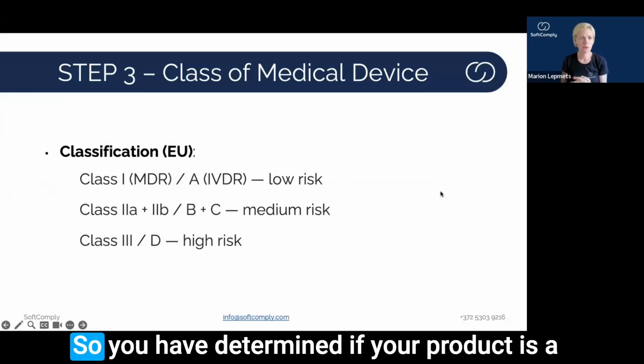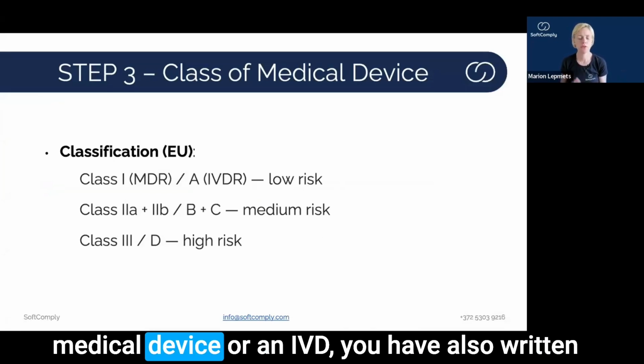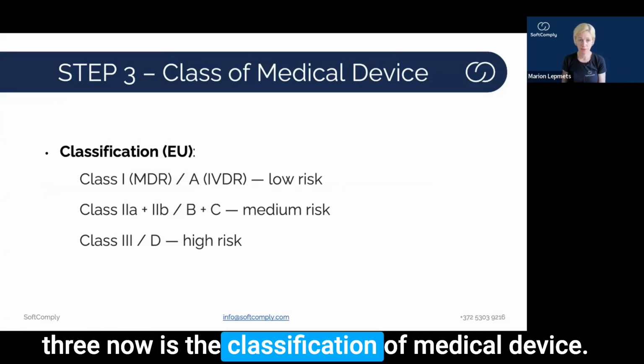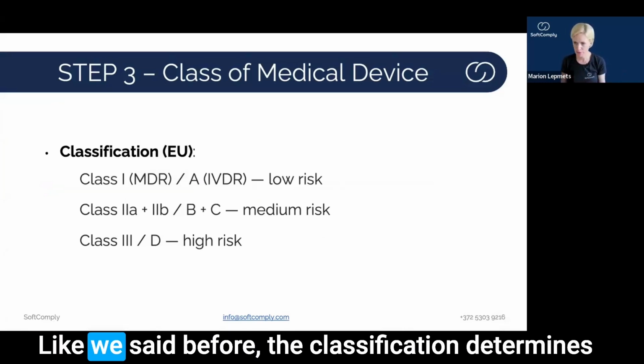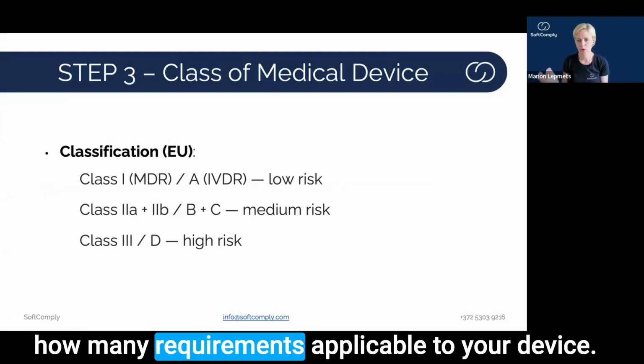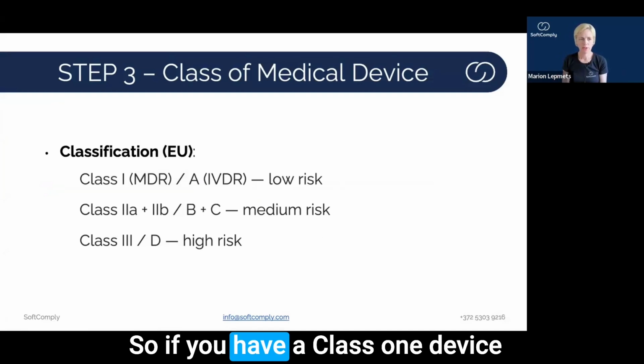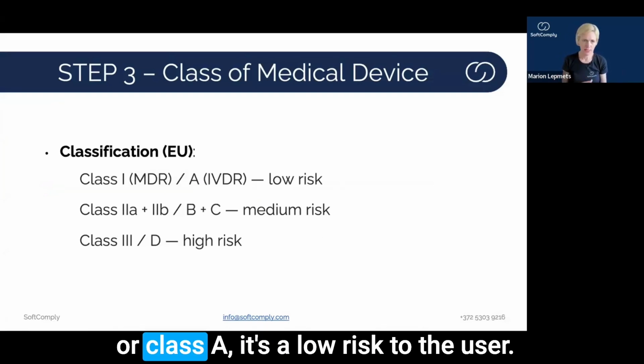Okay, so you have determined if your product is a medical device or an IVD. You have also written the intended use of your device, and the step 3 now is the classification of medical device. Like we said before, the classification determines how many requirements are applicable to your device. So if you have a class 1 device or class A, it's a low risk to the user.